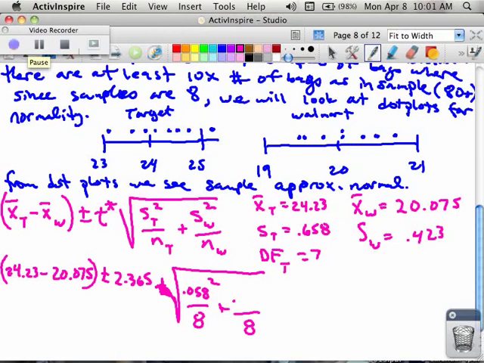Okay, so this is 0.658. And then the second one is 0.423 squared. What you find out is that this interval is 3.495 to 4.804.